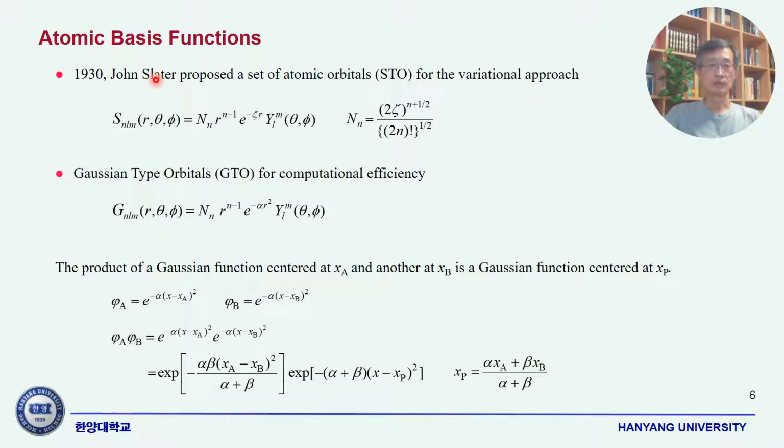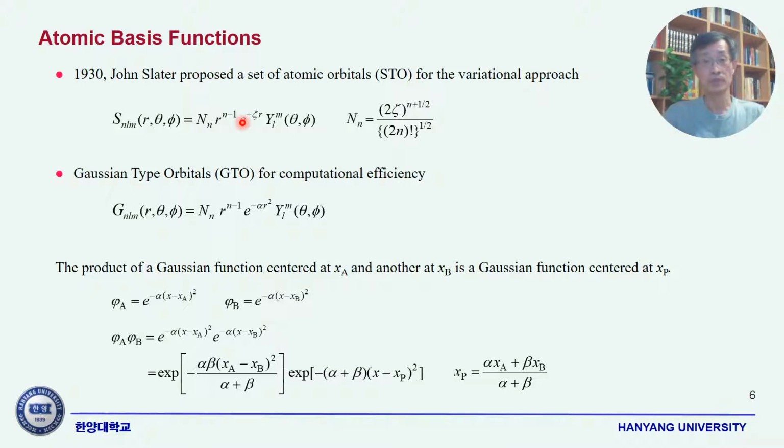What Slater does is keep the exponential factor the same, but out of the Laguerre polynomial, he only takes the r to the n-1 term, the highest degree for the principal quantum number n. But you can use a linear combination of these to represent the hydrogen-like atom's orbital quite well.